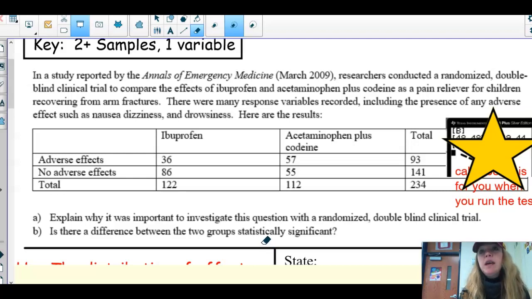Well, the first thing is you can't establish cause and effect without a well-designed experiment, right? Okay, and part of being a well-designed experiment is you need randomization. And randomization is when you break up all these kids who fractured their arms, you want those groups to look similar and be similar in their makeup.